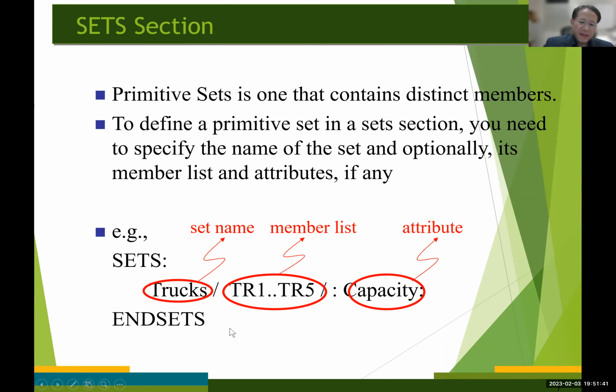In other words, that can be the same as TR1, TR2, TR3, TR4, TR5. That works, okay? And the attribute for each member is called, in this case, capacity, right?